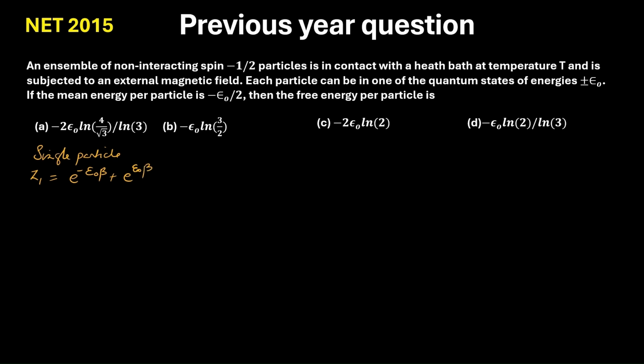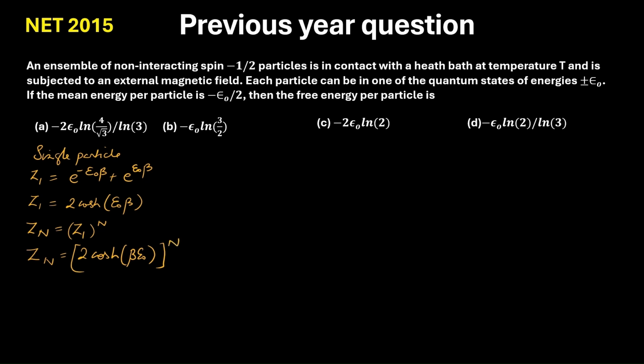Now this we can write in the form of 2 cosh(epsilon naught beta). Now for N particles, it will be z1 to the power N. So Z will be [2 cosh(beta epsilon naught)] to the power N. Now we have got the partition function.